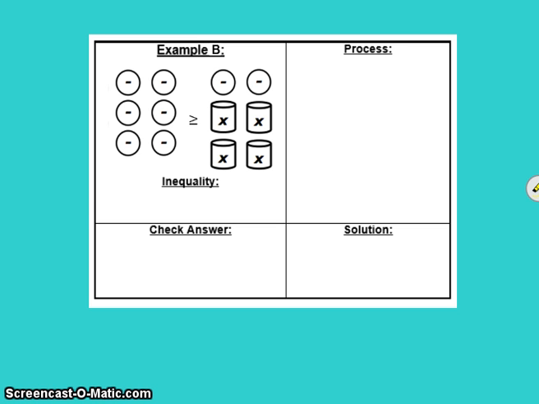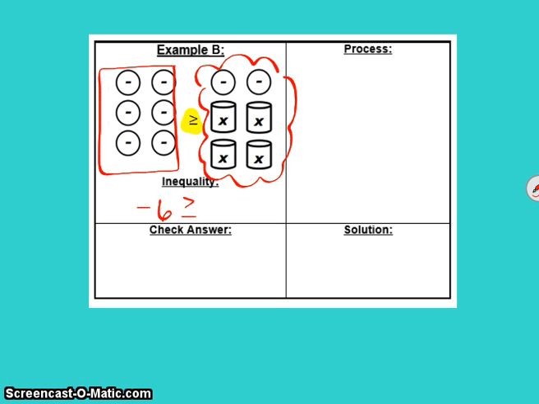Example B, I'm going to go ahead and highlight my inequality. Example B is another modeling equation. And so I have to create the inequality or the equation that goes with it. So first let's start off by doing our greater than or equal to symbol. Well, on this side I have 6, but those 6 are negatives, so I have -6 is greater than or equal to this other side, which has a couple of things going on.